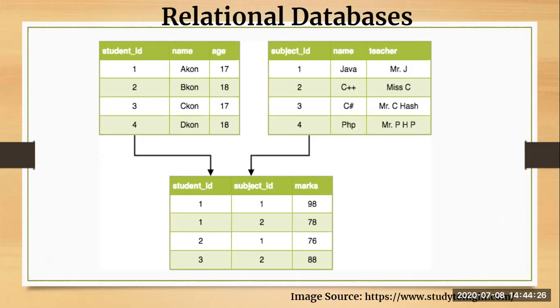Okay, it cannot support complex objects like your documents, images, and video. So relational database can support only your information related data where the information comes from two or more tables. Okay.